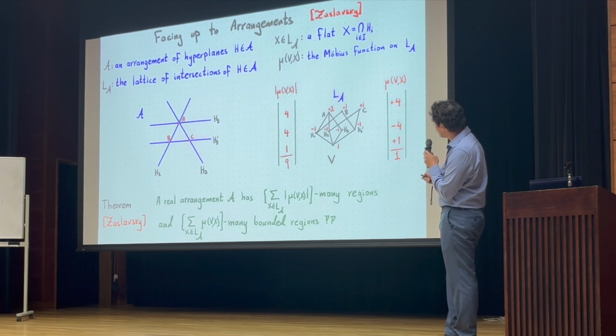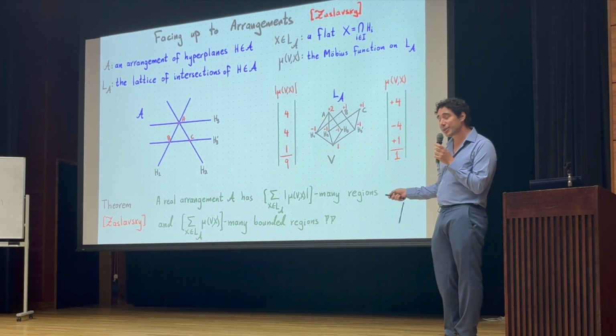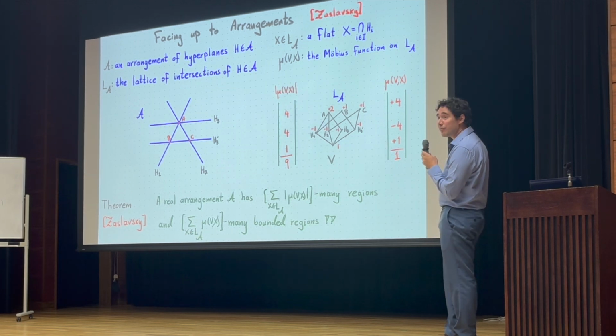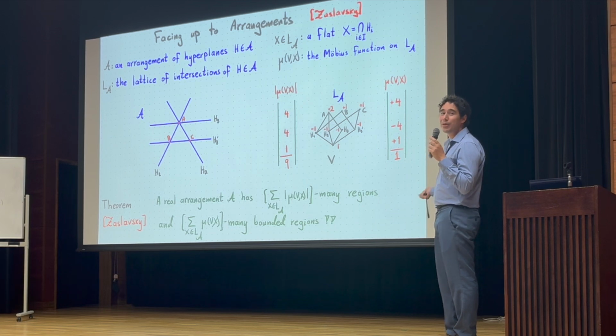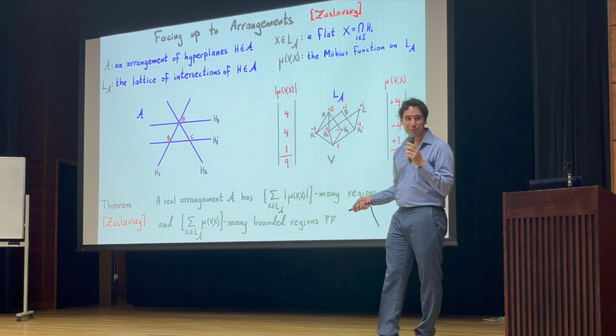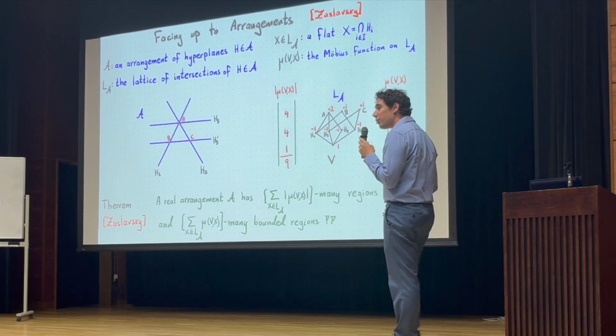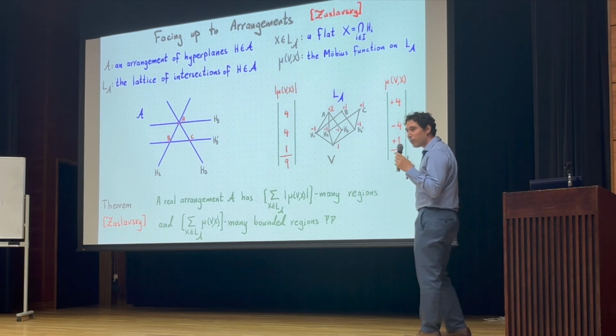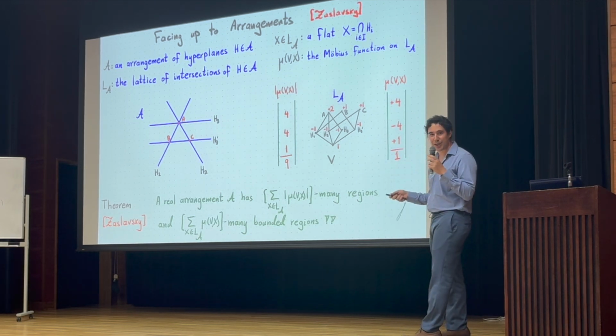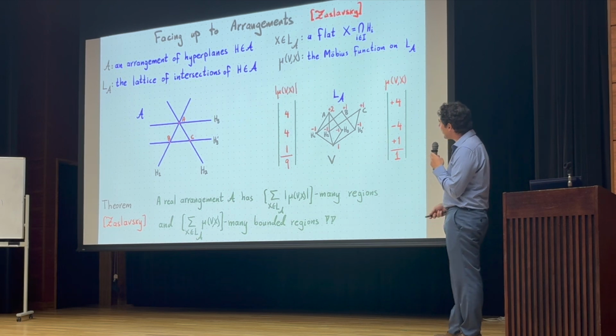If we add up the absolute values of the Möbius function, we get 9, which is the number of regions in the arrangement. If we add up the actual values of the Möbius function, we get 1, which is the number of bounded regions in the arrangement. And that is Zaslavsky's main theorem. That's a really difficult thing to beat in your PhD thesis, right? But it's the starting point of the theory, 50 years ago.